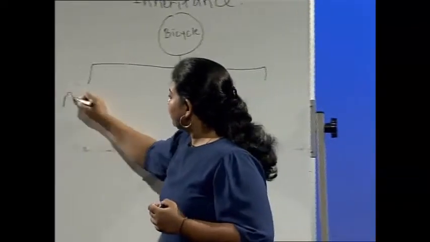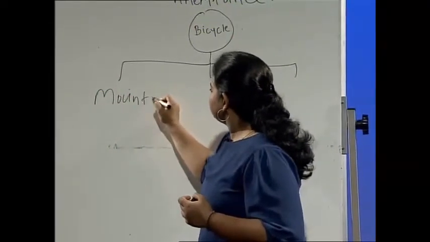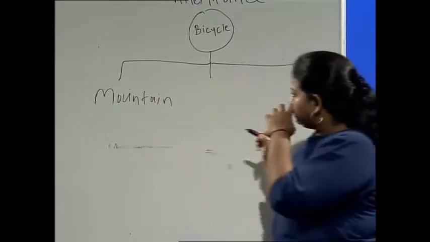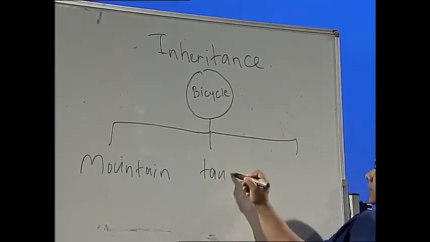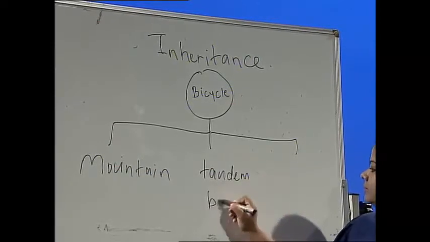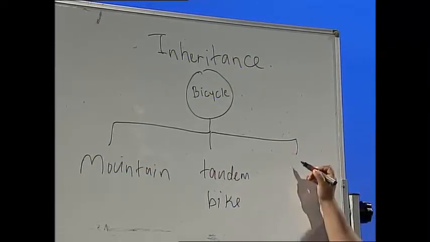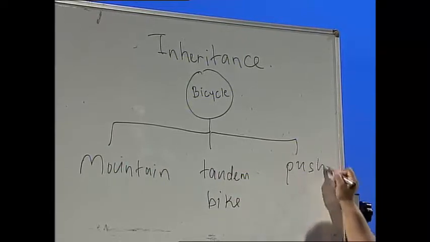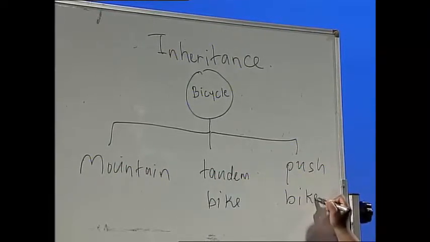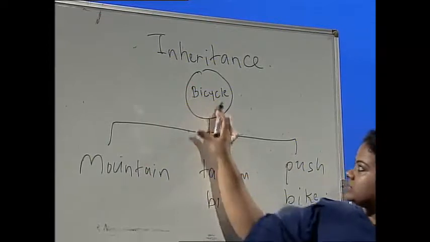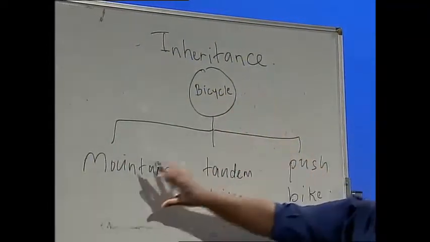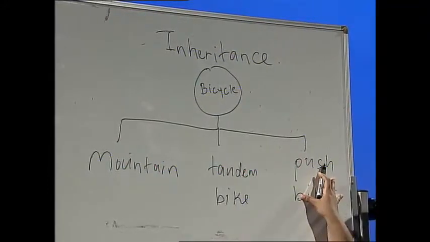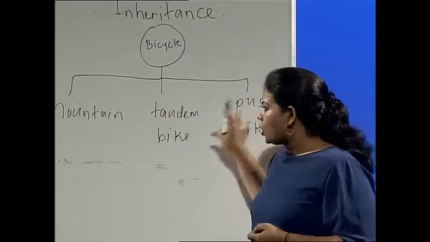Here you can have mountain bike, tandem bike, and then push bike. This we consider to be the parent class, and these are considered to be the subclasses or the child classes.